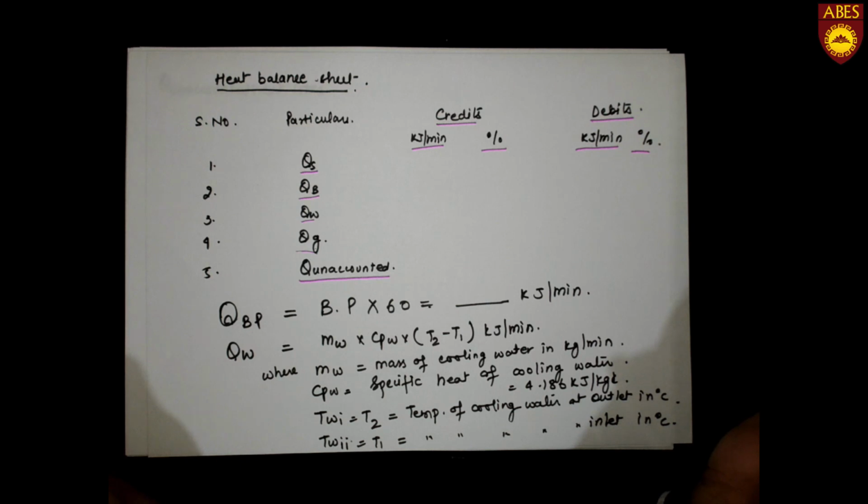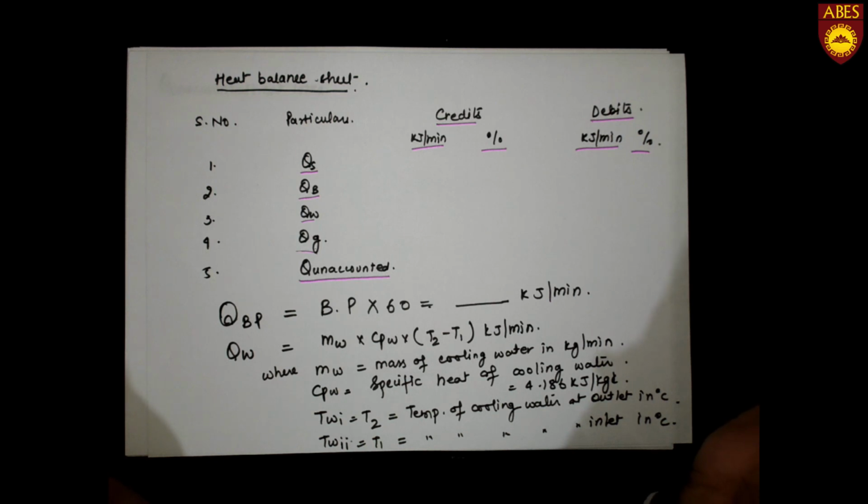So we, as students, teachers or researchers, have to move one day or another to some alternate fuels. Lots of research is going on in alternate fuels, due to which the heat balance sheet also plays an important role in performance analysis, emission analysis, as well as in getting the optimum result of any alternate fuel for its utilization in an IC engine.